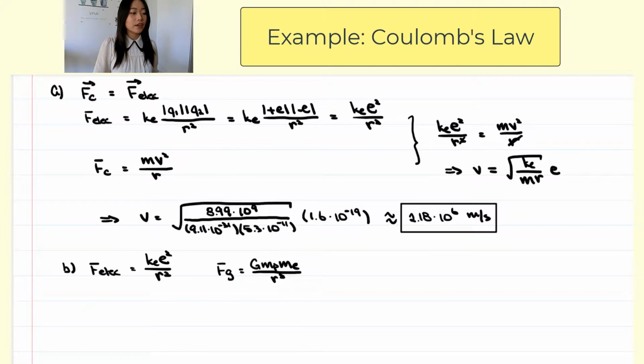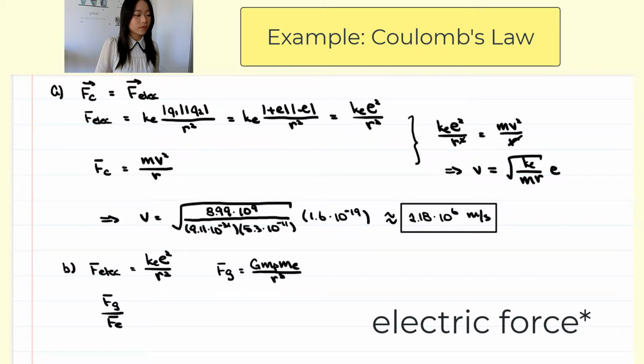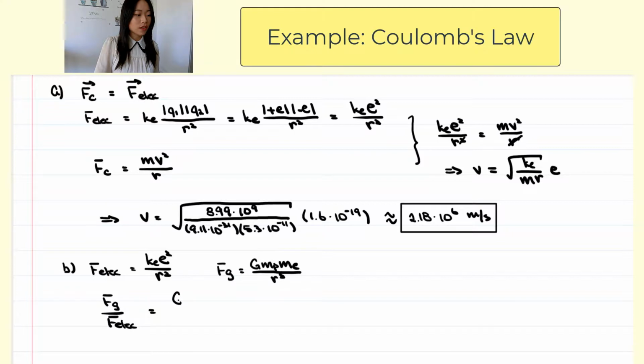Now let's compare their ratio. Let's do force of gravity divided by electric force. Then we get the gravitational constant times mass of proton times mass of electron divided by r squared, then divided by the electric force, which is Coulomb's constant times e squared divided by r squared.